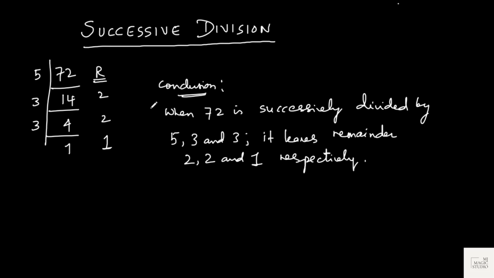Now in a question, this information is given, and based on this information, they ask questions. Now let us reverse this conclusion and see what we can devise from it.